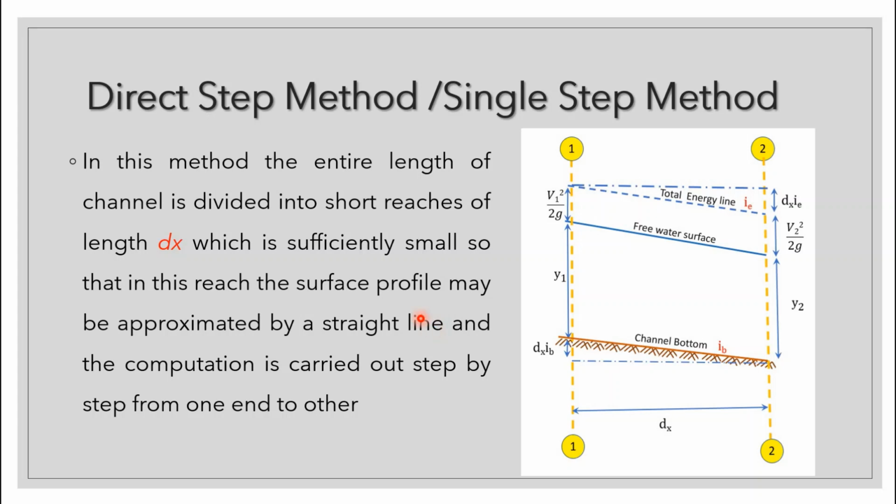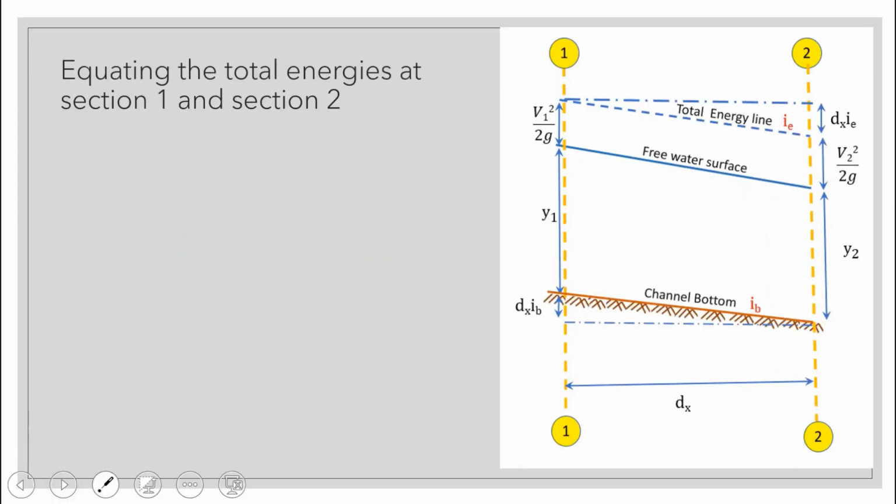We know the surface profile is not a straight line, it is somewhat similar to a curve, but when we divide the entire water surface profile into small sections, since they are too small, they act like a straight line. So the total length of the water surface profile can be computed by adding the lengths of all the sections. That is the basic idea of the direct step method.